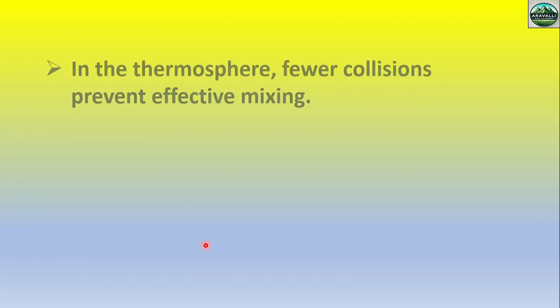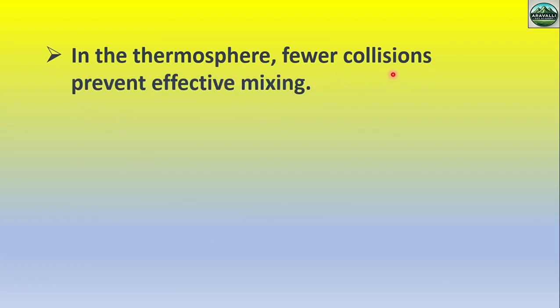In the thermosphere, fewer collisions prevent effective mixing. In the homosphere turbulent mixing is there, but in the heterosphere or thermosphere only fewer air molecules are there. Since there are fewer molecules, the air molecules travel a long distance between collisions.